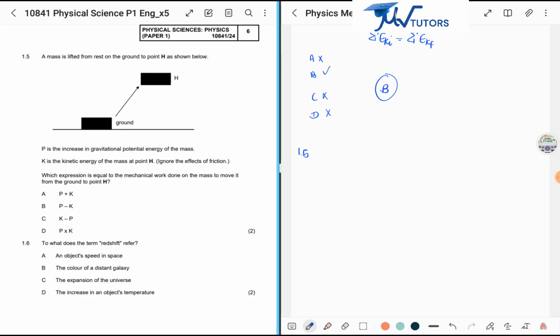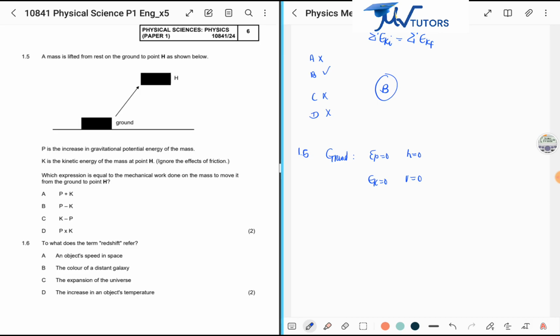All right, so what happened? When we were at the ground, there was no potential energy, since they're talking about gravitational potential energy. Why? Because your height was 0. And then also there was no kinetic energy. Why? Because your speed or velocity was 0.